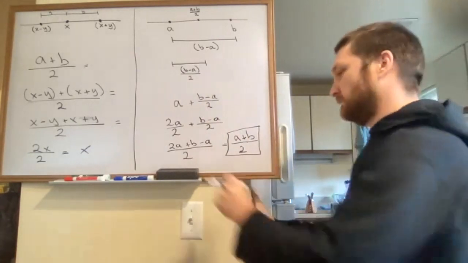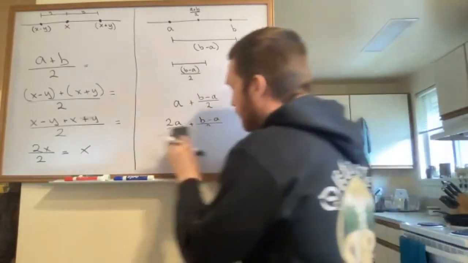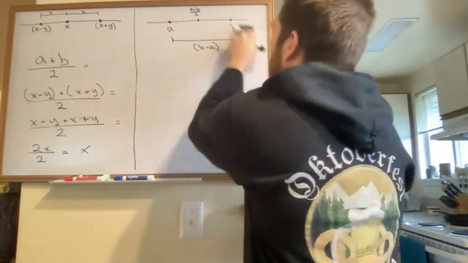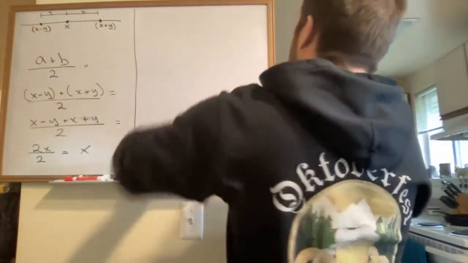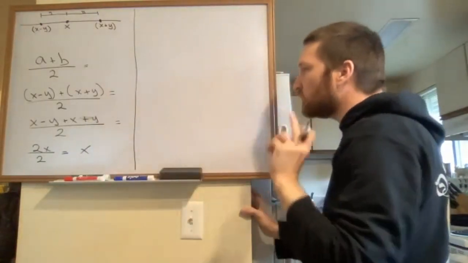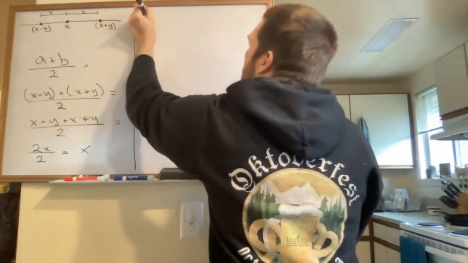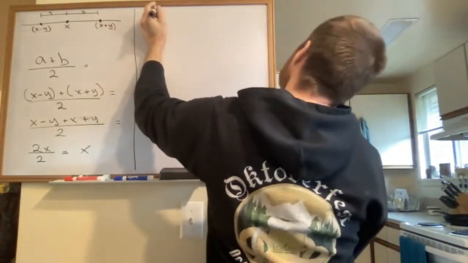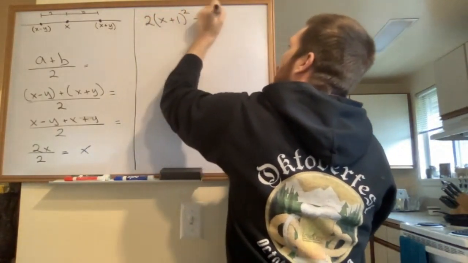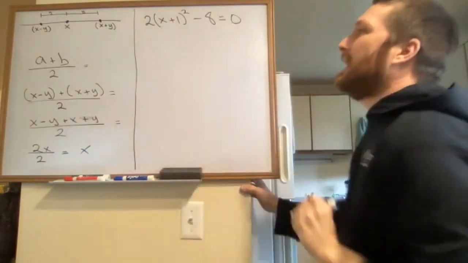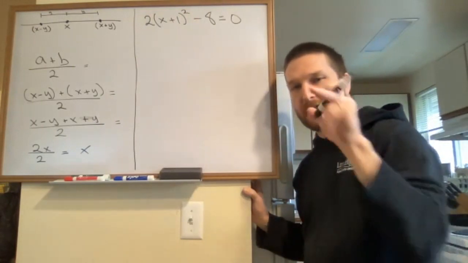Now, let's see something here. I'm going to get rid of this. Let's do something else now. You've seen this before. I'm going to give you that, and I'm going to give you a couple minutes, and you solve for x and tell me what x values we have.